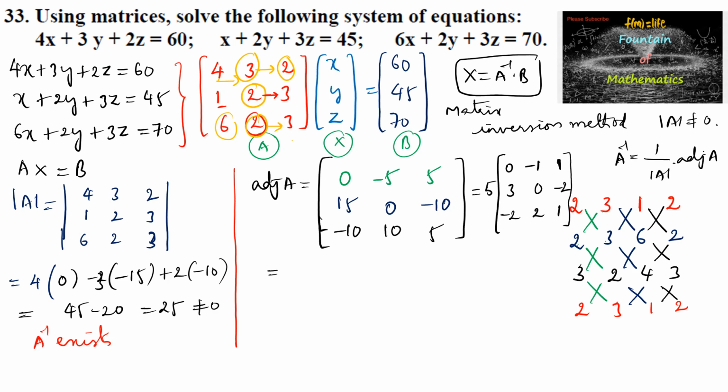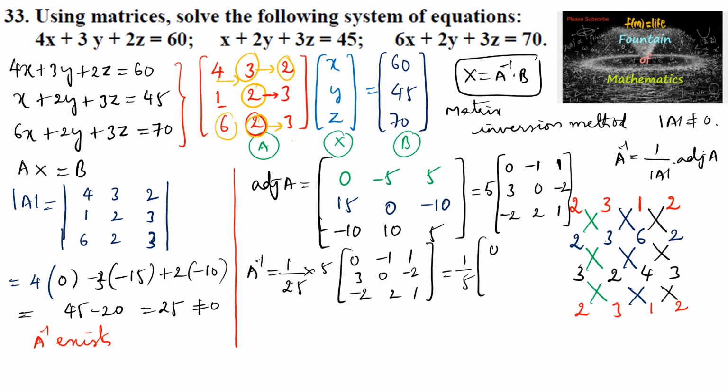Okay, so now we know that A inverse is equal to 1 by delta into, that is 1 by 25 times of 5 times of 0 minus 1 1, 3 0 minus 2, minus 2 2 and 1, which is equal to 1 upon 5 times of 0 minus 1 and 1, 3 0 minus 2, minus 2 2 and 1.